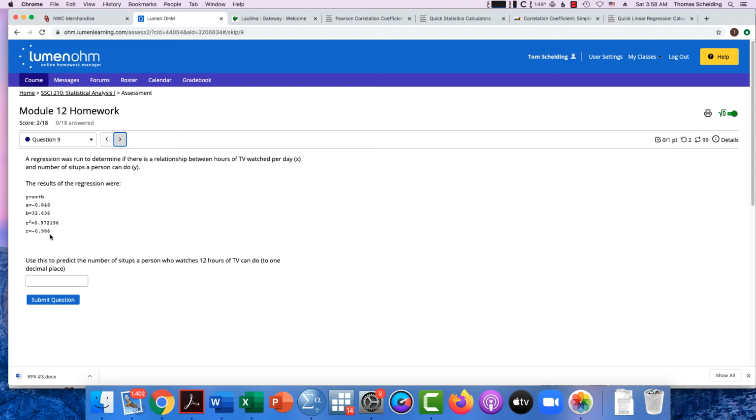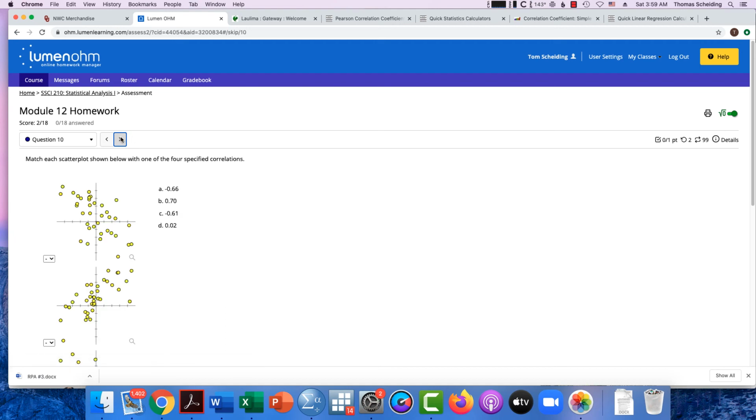So in this case, I would have negative 0.848 times 12 plus 32.636, and that's going to equal my number right here. So depending on what your things are here, you can just set this up as a regression equation.